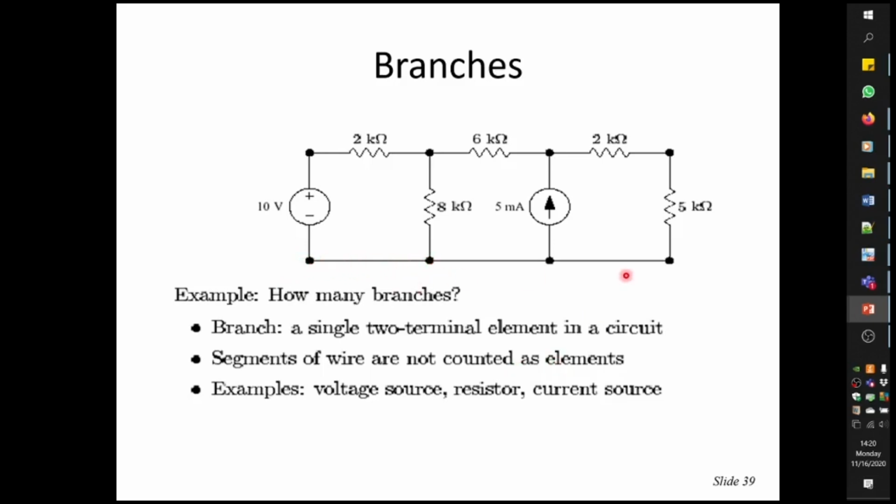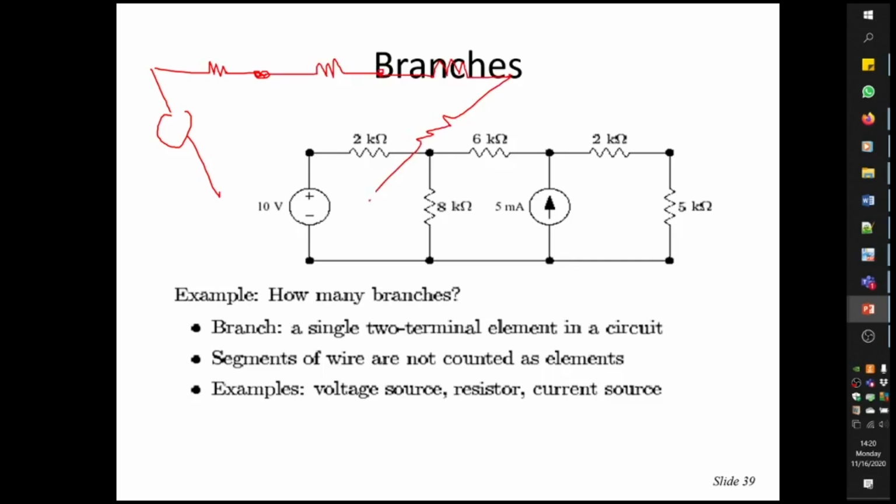When you draw the circuit, you don't necessarily need to draw these nodes. You can also do away with them. In fact, you can also draw this circuit in this fashion. This is a node. This is another resistor. This is a node. This is another resistor. This is a node.